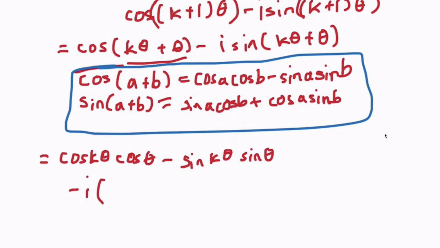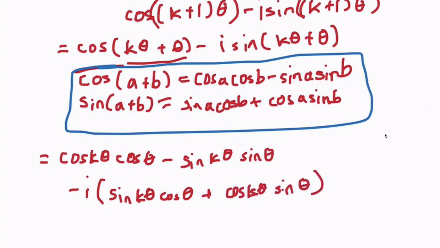We can use the trigonometry law for sine, that sine A plus B is equal to sine A cos B plus cos A sine B. If we treat A as k theta and B as theta, then sine A cos B is just sine k theta times cosine theta, and the second term, cosine A sine B, is cosine k theta times sine theta.